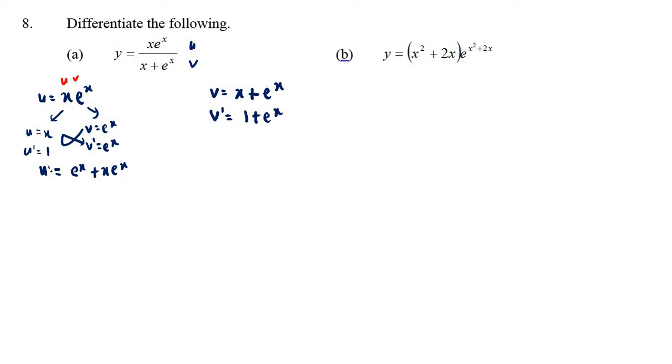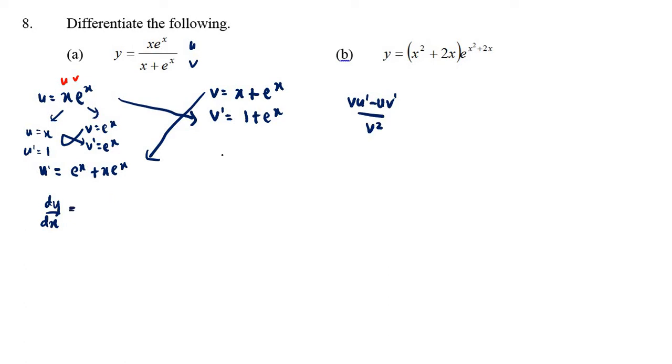Okay, so now kita akan guna u prime ni untuk kita differentiate our original question. So let's look at this one, dy/dx. Formula kita (v u prime minus u v prime) over v squared.